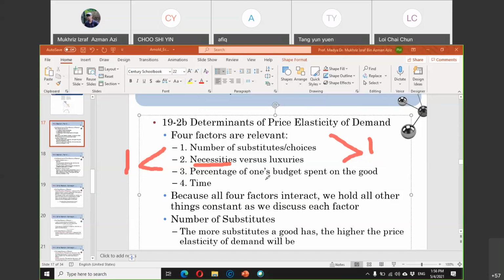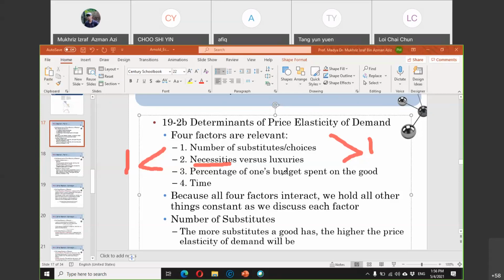Okay, so how much of your salary, or the money that you allocate from your scholarship or your PTPTN money, do you spend to buy, let's say, a kilogram of sugar? It is very small, correct? So the less money you spend, the less elastic demand will be, because even if the price of sugar increases, the money spent on sugar is only a small portion of your income.